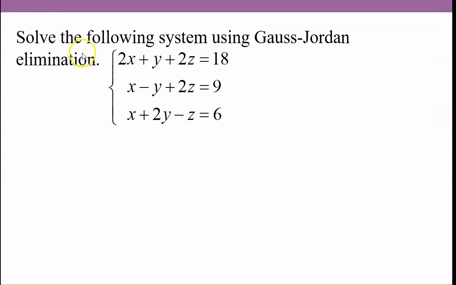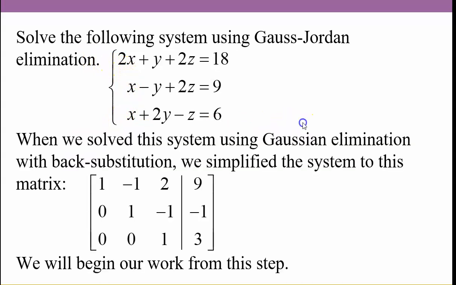Now this is the one we've been using, and we had gone to this stage where we have our main diagonal, and we want now to get rid of this -1 and 2, this -1 in the second row, and this is already at 1.